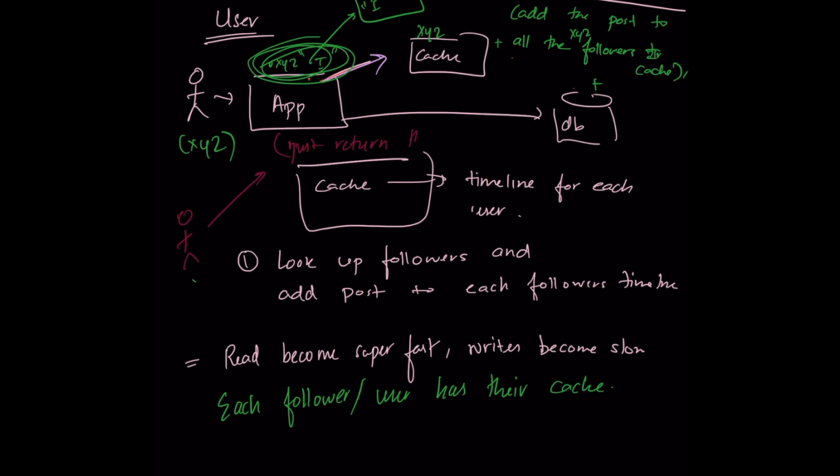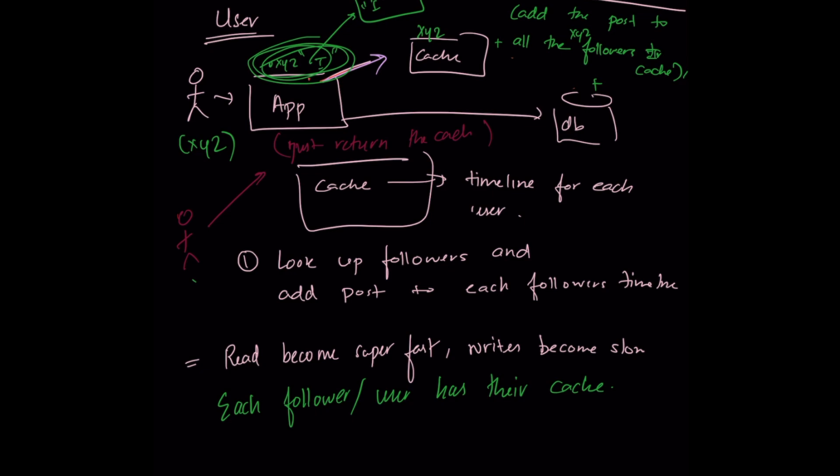Okay, so this improves upon the previous thought process, in which we had to make joins across multiple tables, right? But now think about it. This will work for, let's say, XYZ or me. But think about, let's say, Drake.